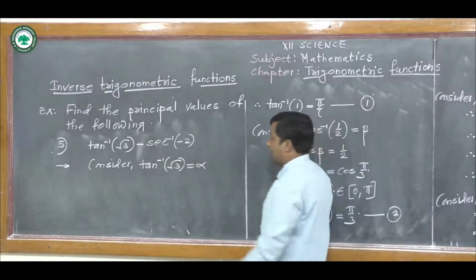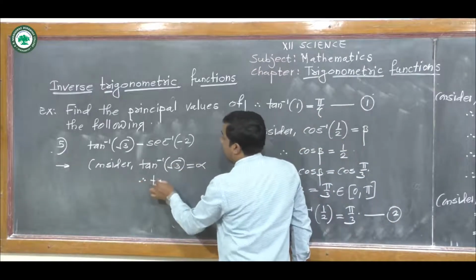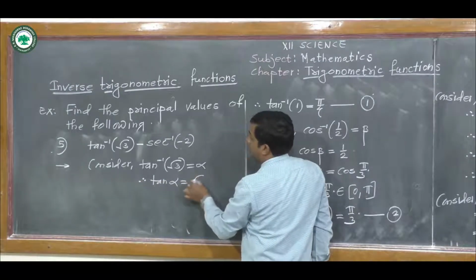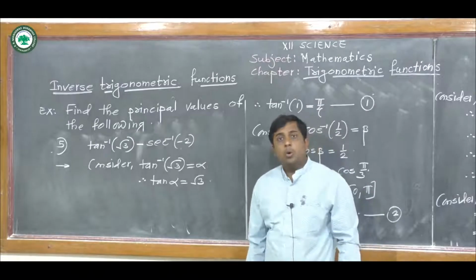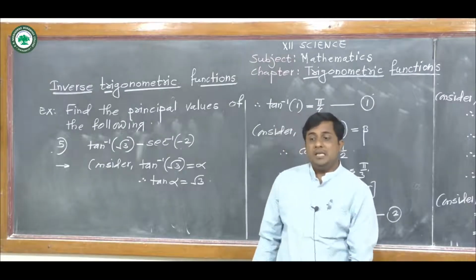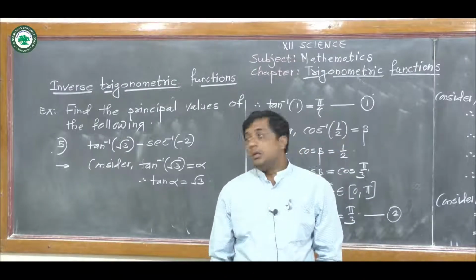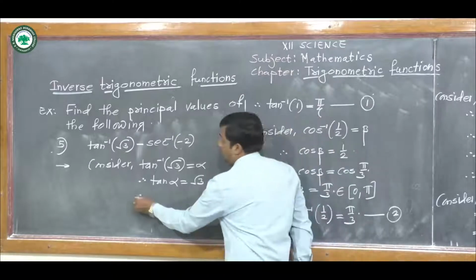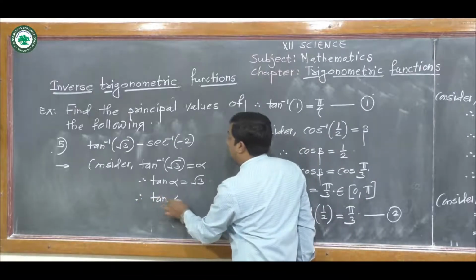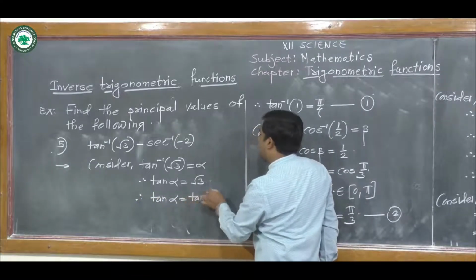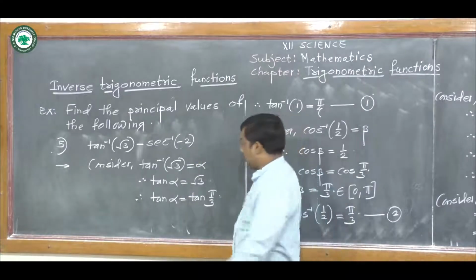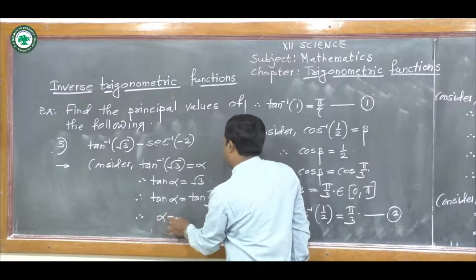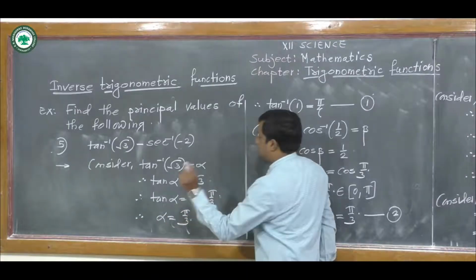Consider the tan inverse of root 3 as alpha. Now, by using our definition, I write tan alpha is equal to root 3. Now, we know tan pi by 3 is root 3. So tan alpha is equal to tan pi by 3. Comparing both the sides, we get alpha is equal to pi by 3.